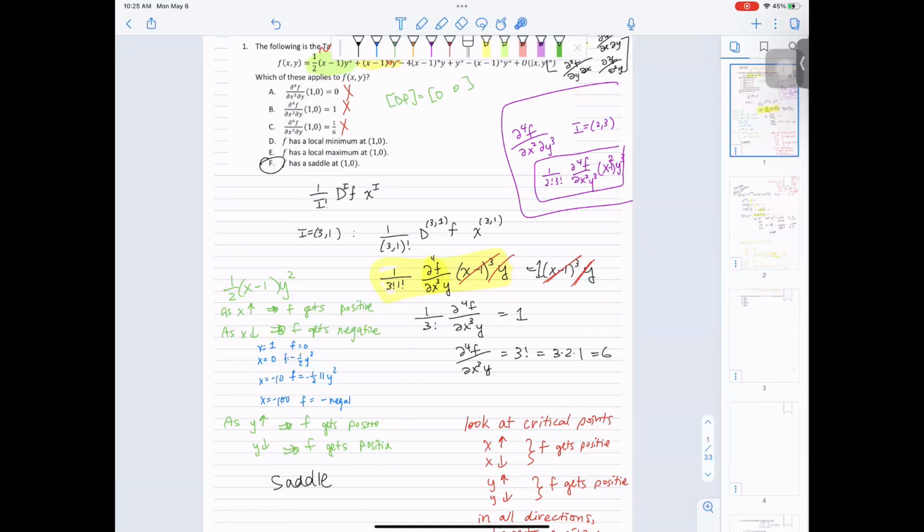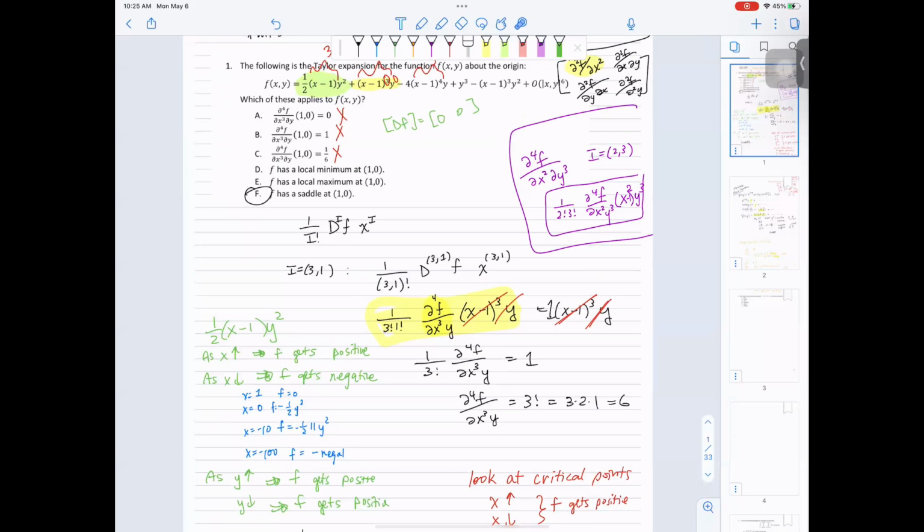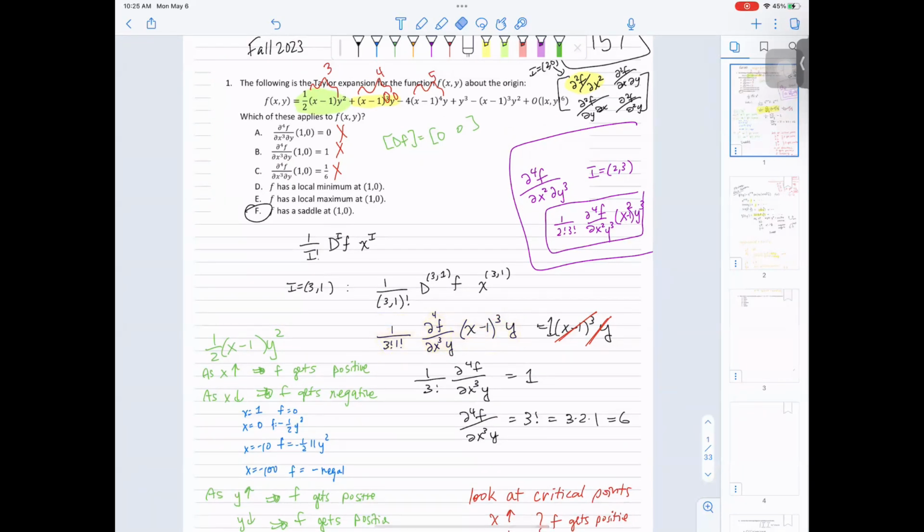Yeah. So for A, B, C, they're asking what is the partial of f with respect to x 3 times and y 1 time. So I want to find this partial derivative. In the Taylor series, where does this partial derivative exist? Well, it exists whenever we see this term, because a partial of x 3 times y 1 time corresponds to an I of 3, 1.